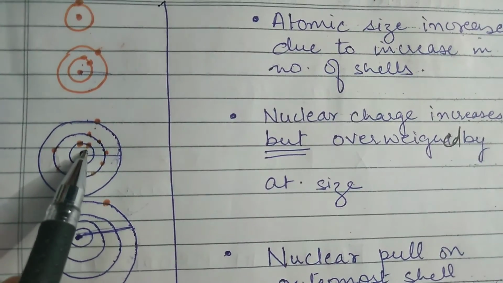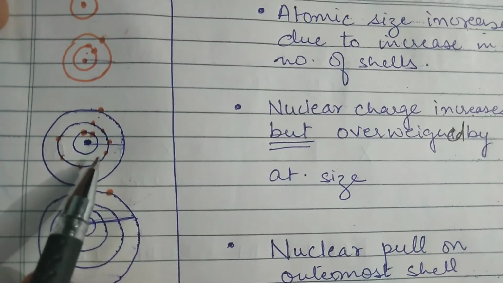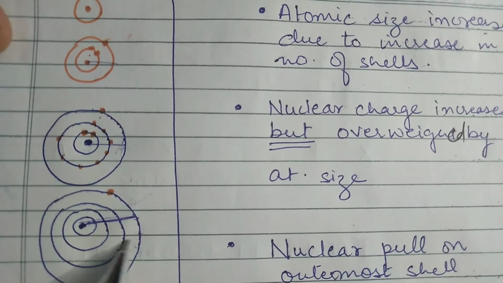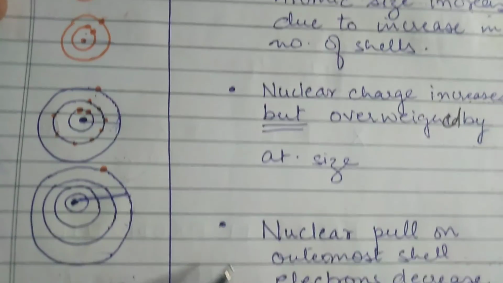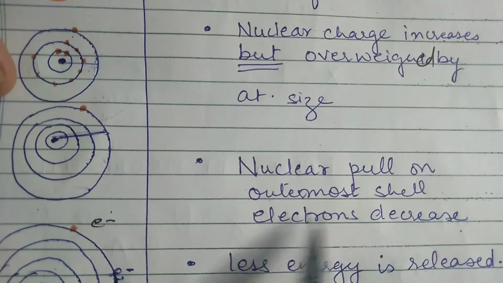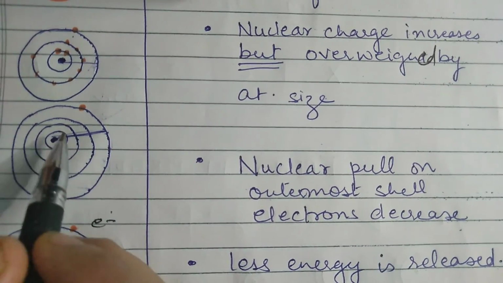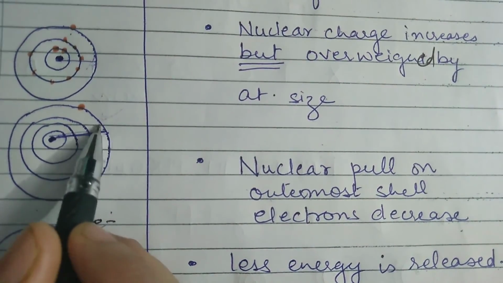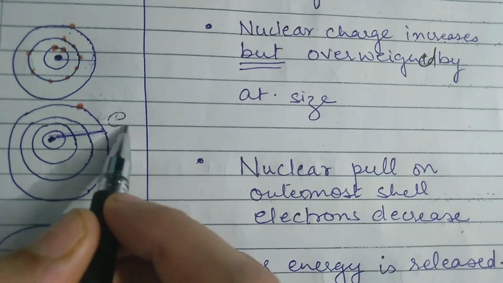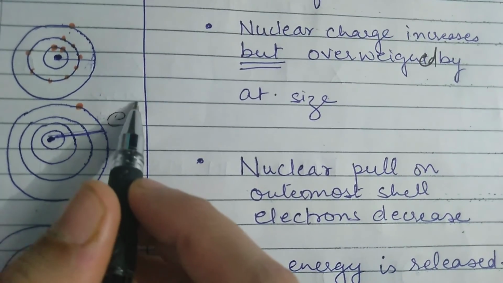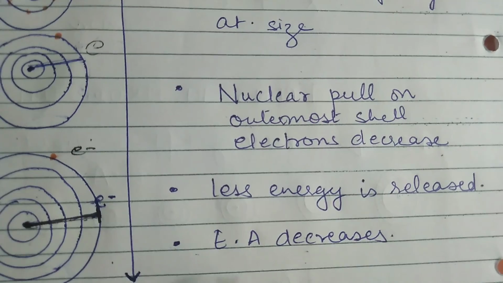So the number of protons is also increasing but the effect will be lessened, because atomic size is also increasing. The distance of the nucleus from the outermost shell is increasing. So the nuclear pull on the outermost shell electrons, meaning valence electrons, decreases. The nucleus cannot exert a greater pull on the outermost electron. So if an electron has to come in from outside or be added, it can no longer be added as effectively, because less energy will be released. So less energy is released and therefore EA decreases.